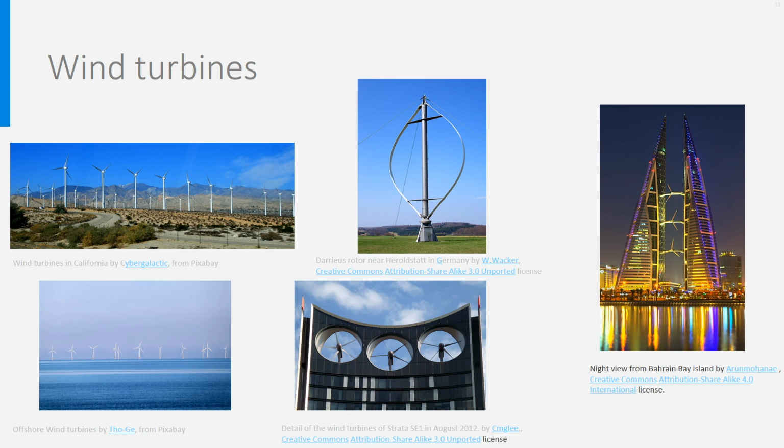Above left, an onshore large wind park in California, and in the middle above, a so-called Darrieus turbine. It is a turbine with a vertical axis for smaller powers. In general, small turbines have a limited efficiency, the Betz factor is low, and the electricity production may be a bit disappointing. And the two last pictures show very interesting examples of integration of turbines into buildings.